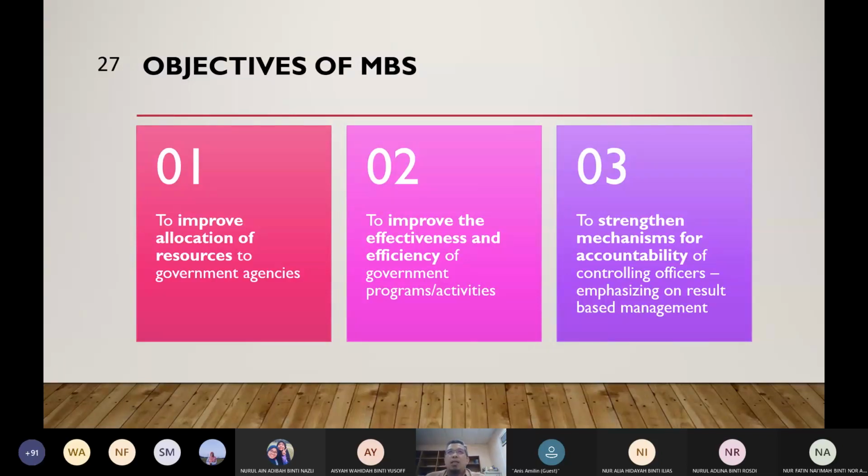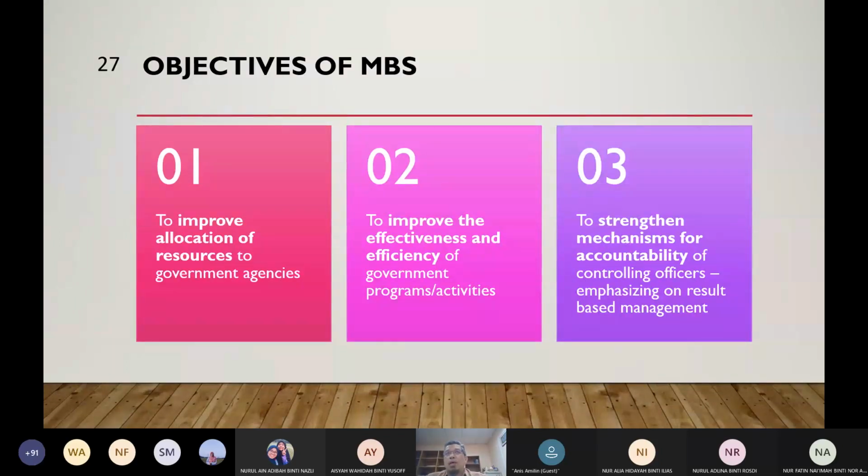So the understanding here is to make the accountability of the controlling officers stronger by making him or her accountable for results. Result here also means effectiveness and efficiency, because these are result measures. So they're accountable for that; they must achieve it. Okay, that's one.